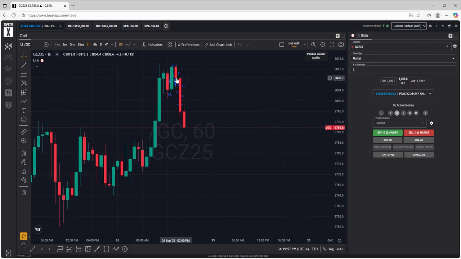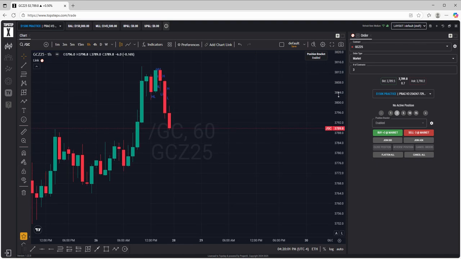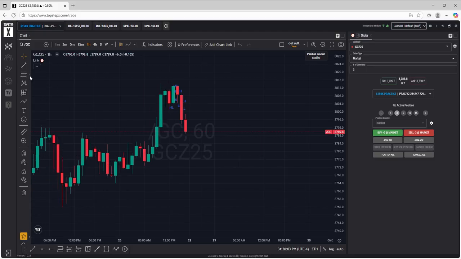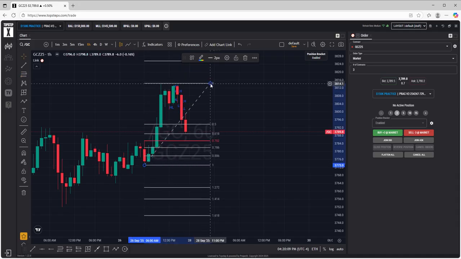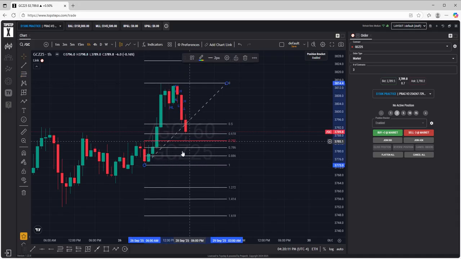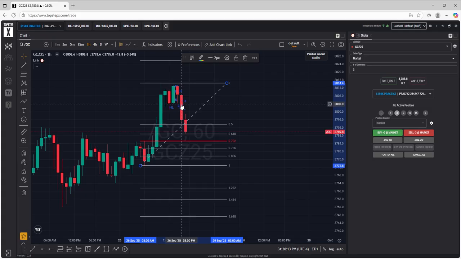So let's say, and I actually am looking at this for Sunday when the charts open back up, previous low, newest high. Boom. So when I expect the markets to open, I expect it to sell down again to buy up.